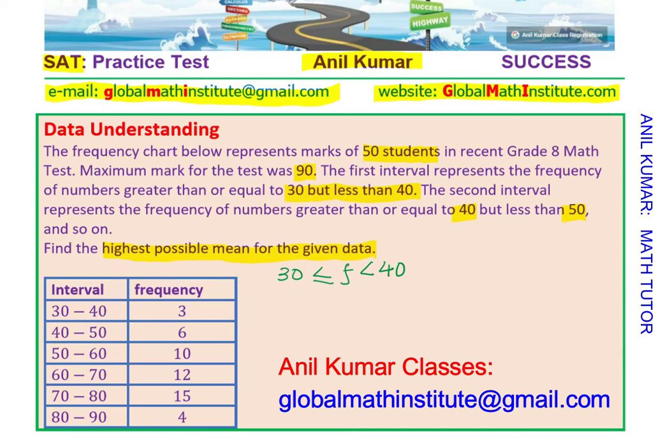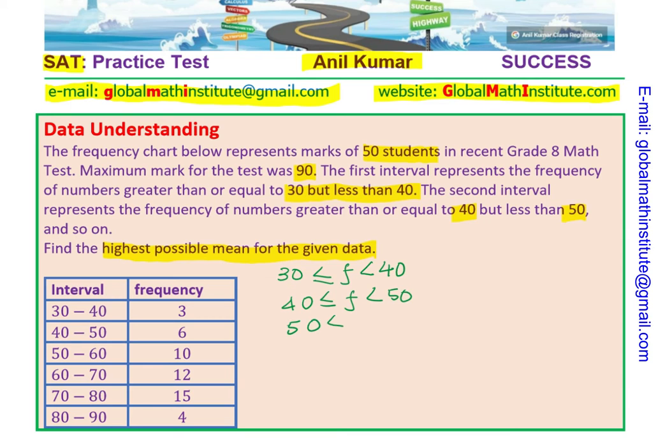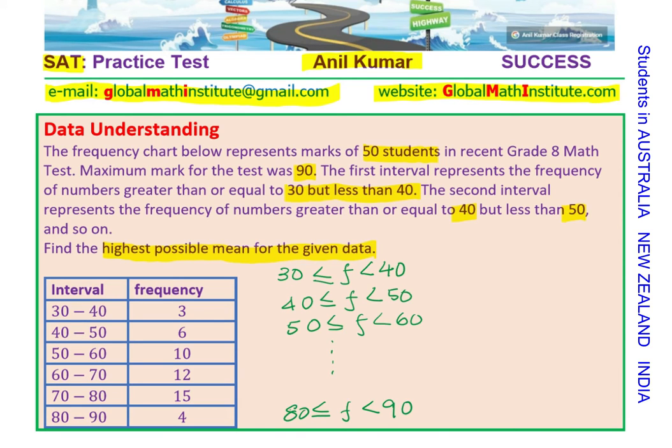So when I say 40 to 50, 40 is included but 50 is not, and so on. Likewise, till the end, 80 will be included in the frequency, meaning the number of students getting those marks, but 90 is not included. Is that clear to you?